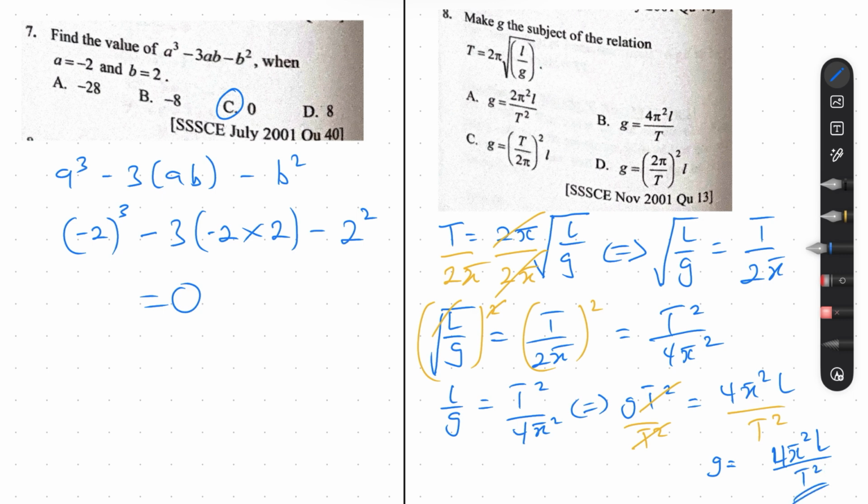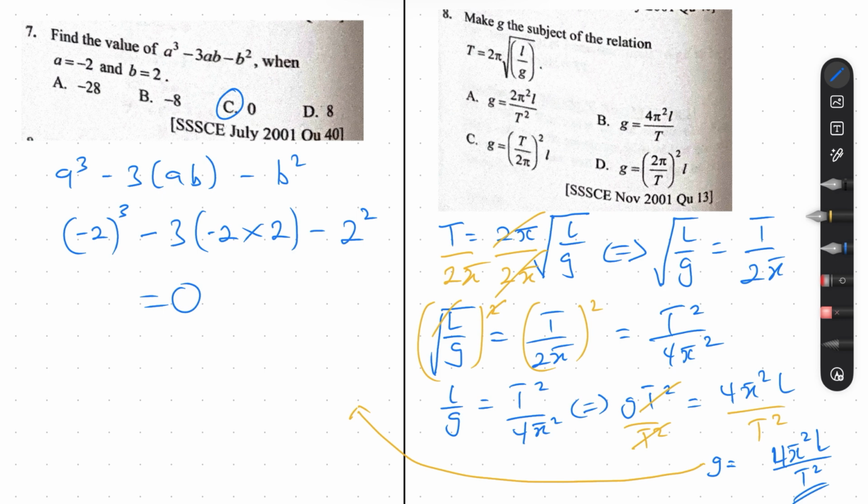So let's see if we have it among the options. Okay, it looks like this, right? But what they did right here is they refactored this to look like 2 pi squared, because 4 pi squared is the same as 2 pi in brackets squared. Let's move this to the left side so we can see what is happening.